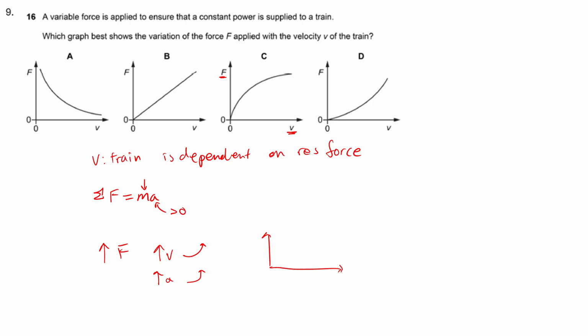If we say like this, F is on the bottom and v is on top, as the force increases, our velocity is also increasing, right? But we have to flip our axes. You can do this by reflecting in y equals x, and we see that if v is on the bottom and F is like this, we get a graph that looks something like this. So our answer is C.